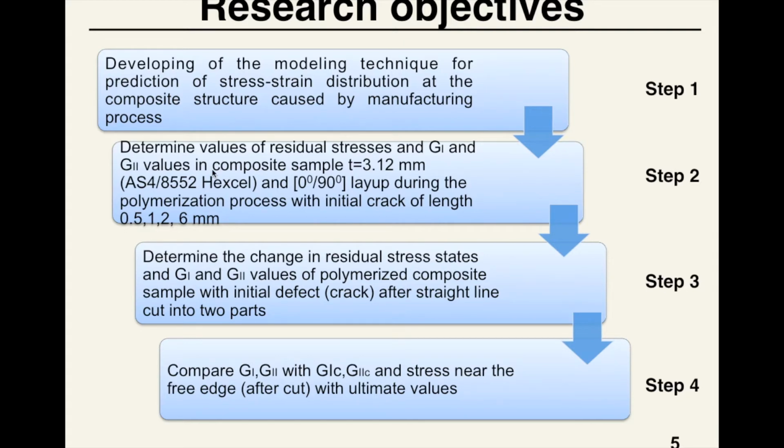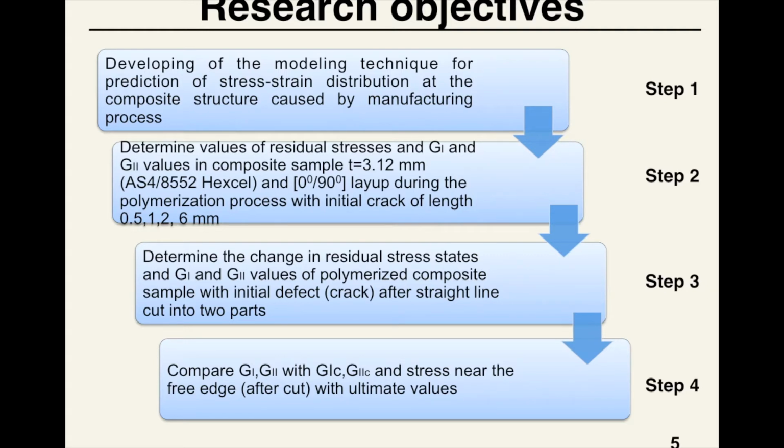On the second step, values of residual stresses and G1 and G2 were determined in the composite sample of 3.12 millimeters thickness, with 0/90 layup, during the polymerization process, with initial crack of length 0.5, 1, 2, and 6 millimeters.